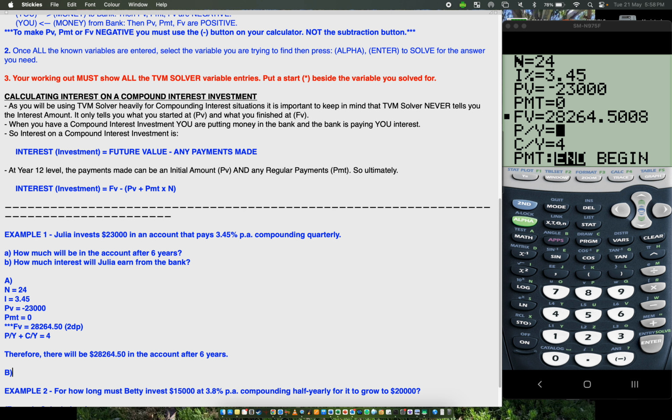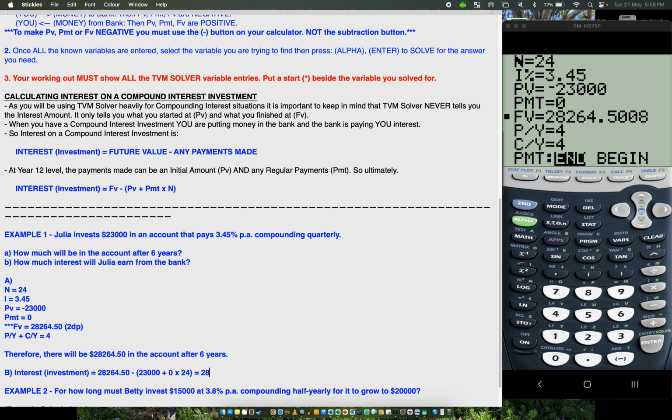That's A. B. How much interest? You have the interest formula. Interest on an investment is equal to what it grew to, $28,264.50 minus PV, which is $23,000, plus any repeated payment. But there weren't any repeated payments, so it's going to be 0 times by 24, which will just be 0.